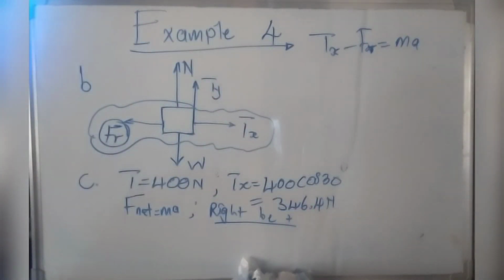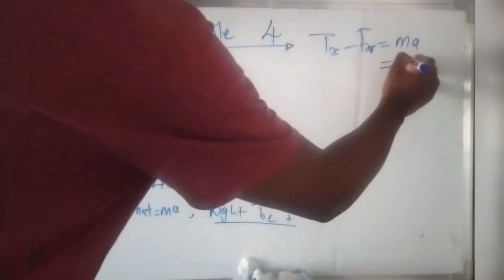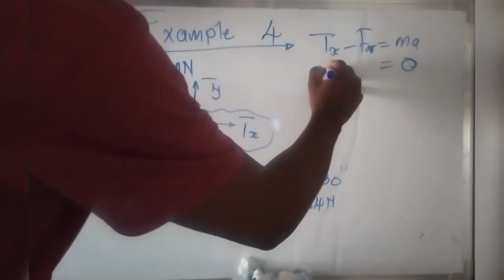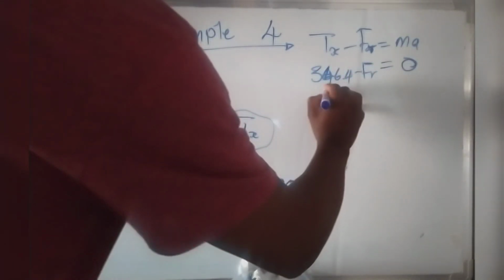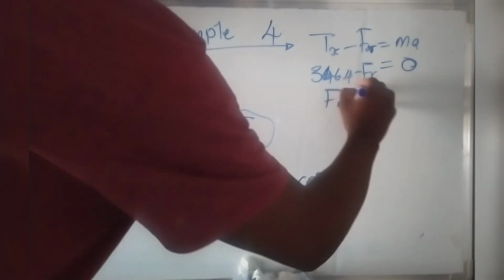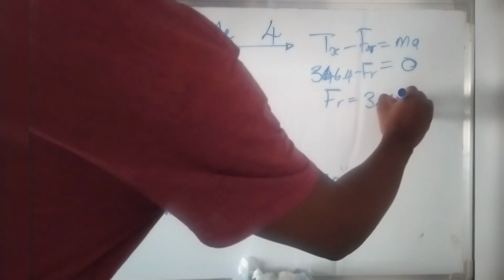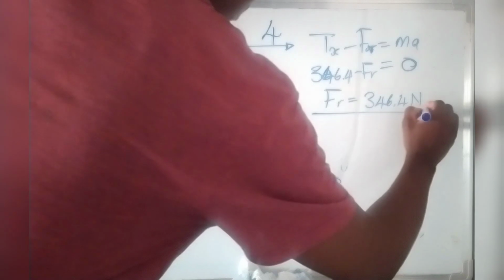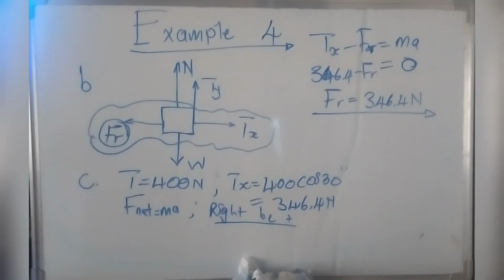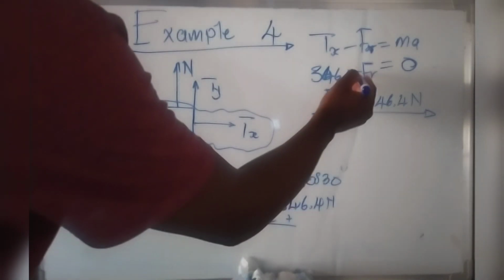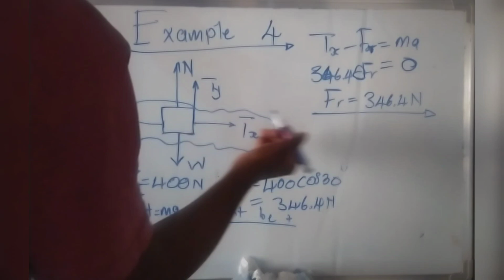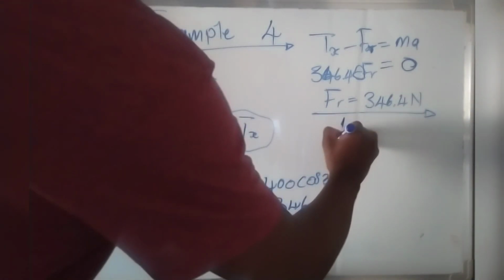But what is the acceleration of this box? Because it's not moving, we know that our acceleration is 0. What is Tx? 346.4 minus Fr. What is the value of the friction? It is equal to 346.4 newtons. And then we are required to also mention the direction. Since right is positive and we inserted this as negative, it means the friction force is going to the left.